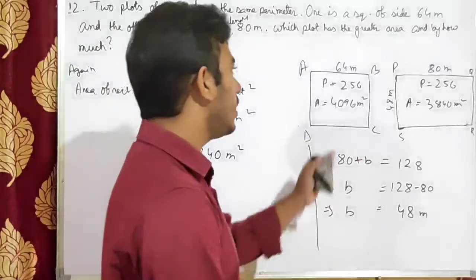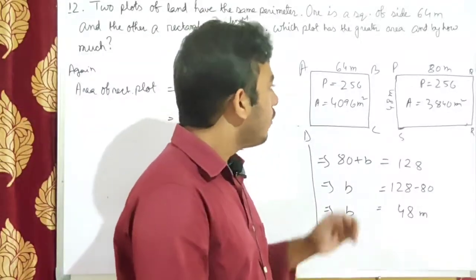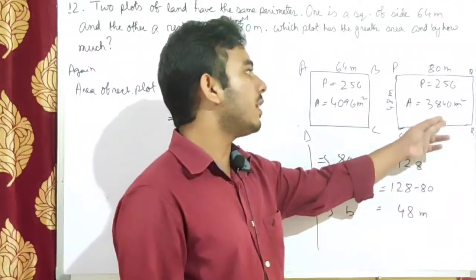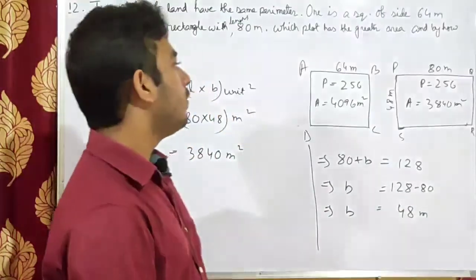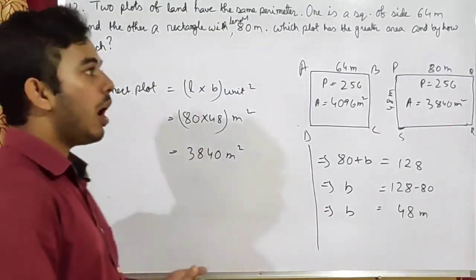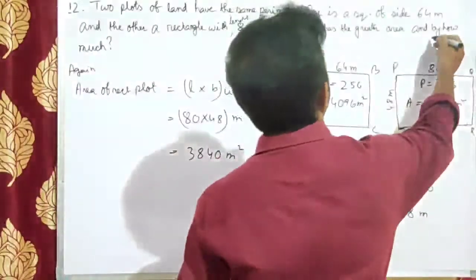Just by looking we can say that the area of the square plot is greater because it is 4096 and the area of the rectangle is 3840. Okay. So by how much? Let us find out.